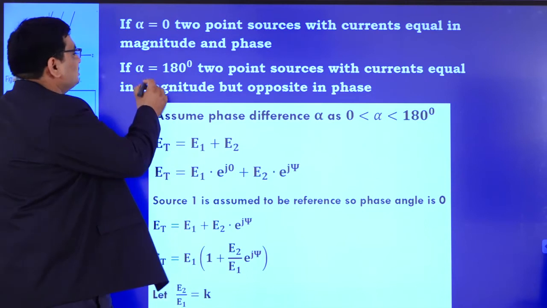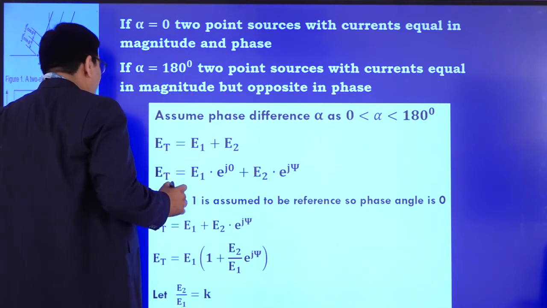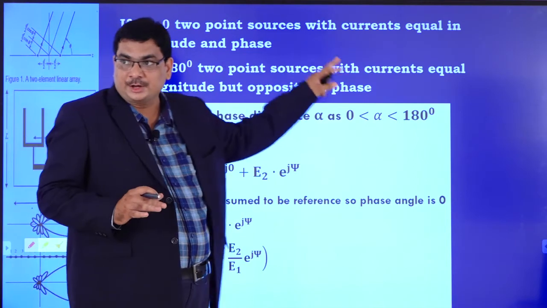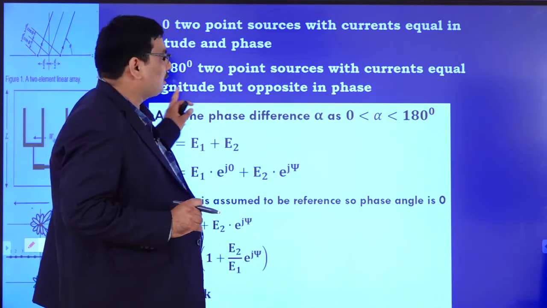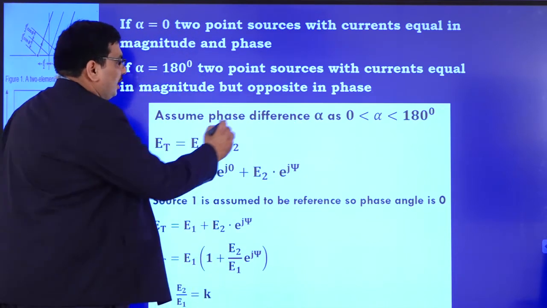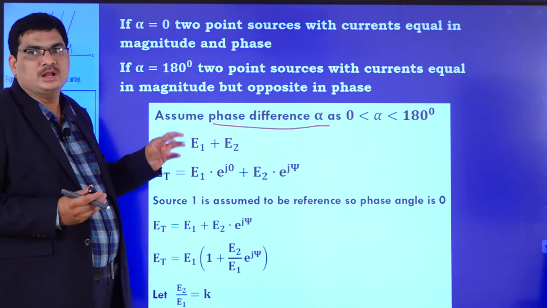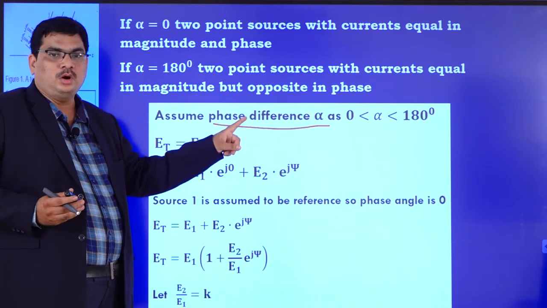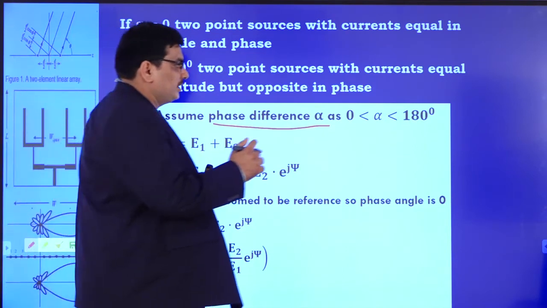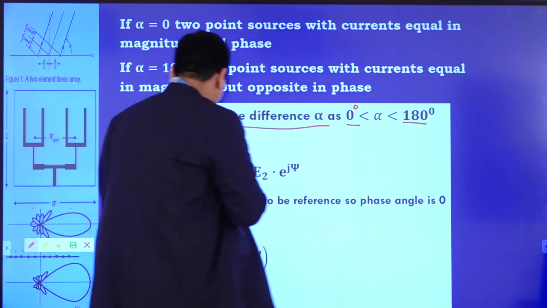That is the second case, when both have equal magnitude but opposite phase. So assume the phase difference between the two elements lies between 0 degrees and 180 degrees.